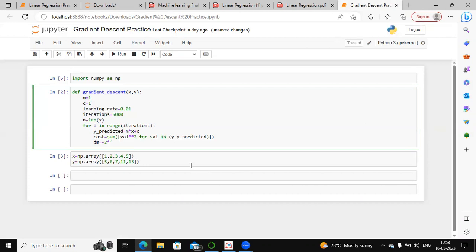So minus 2 into x. We have to pass x like that, but we have to do the summation as well. Sum of x into y minus y predicted.